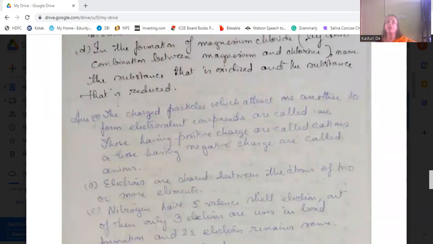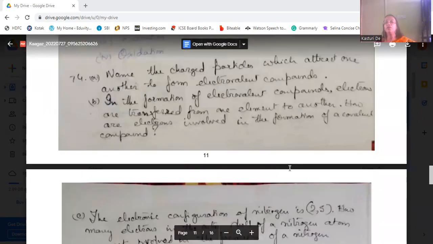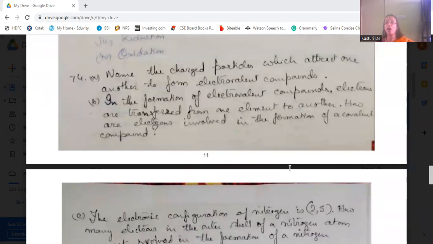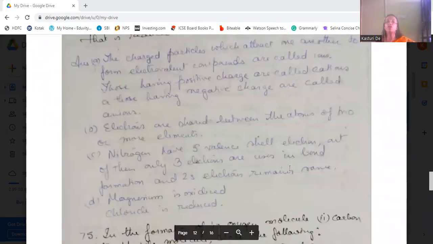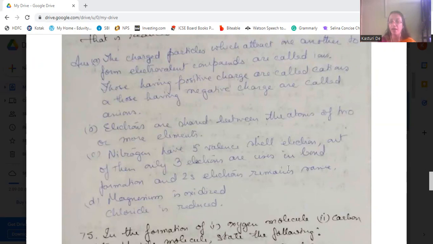Then the next question is, in the formation of electrovalent compounds, electrons are transferred from one element to another. How are electrons involved in the formation of a covalent compound? Electrons are shared. In covalent compounds, there is sharing of electrons between the atoms of two or more elements.